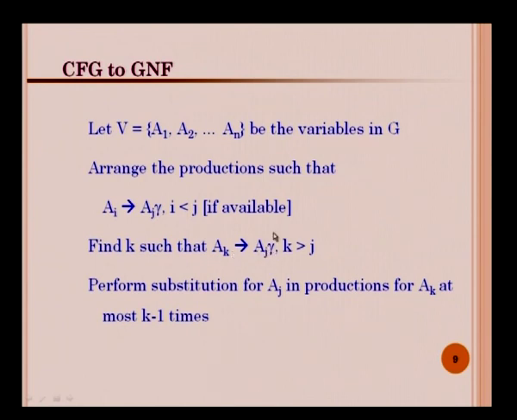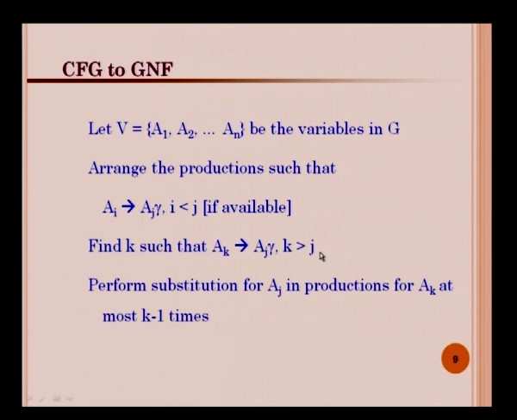So now what can be done is, since this Aj has already been encountered or listed, we know what the various productions available for Aj are. So we can substitute this Aj in the productions for Ak. Aj has some number of productions or alternates, and everything should be substituted in the place of Aj wherever we have the rule Ak derives Aj gamma, where k is greater than j.